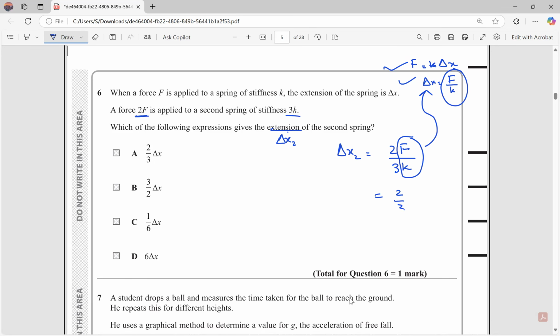So I get 2 by 3 times the old extension is equal to delta x. So the new extension is 2/3 of the original one. So it is option A. If you understand this technique, you can do any question that asks you to find something by changing the variables.